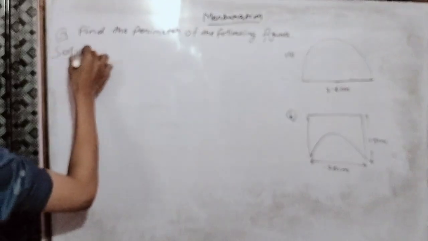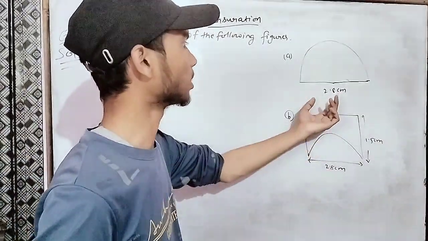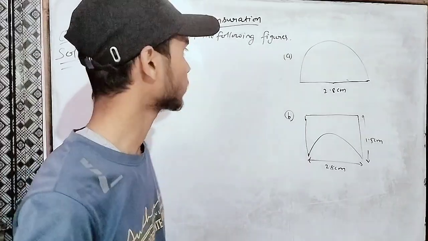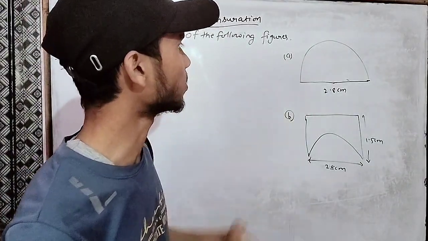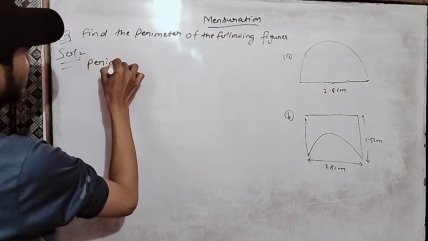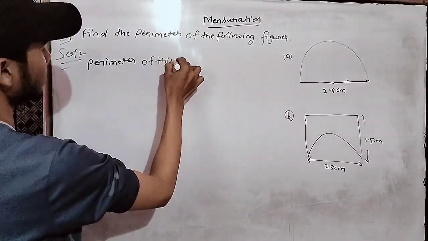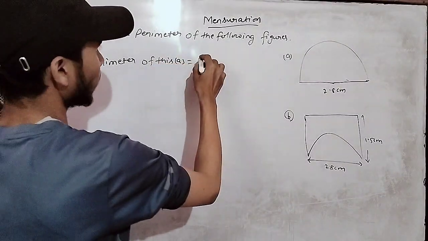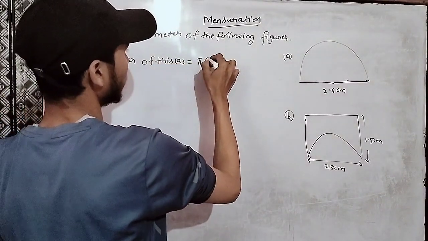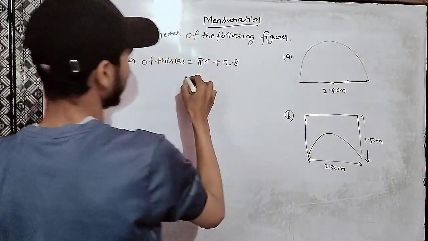Now let's see how we can solve it. This is a diameter. 2.8 is the diameter of this semicircle. So the perimeter of this A would be pi r plus 2.8. Am I right?